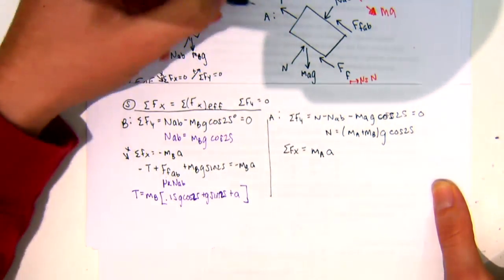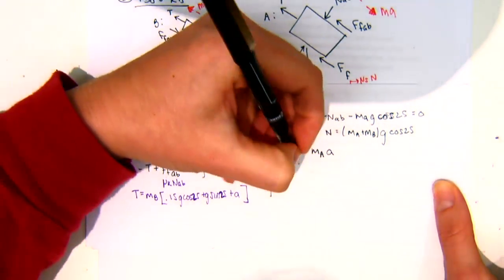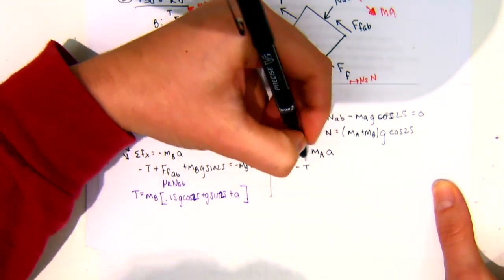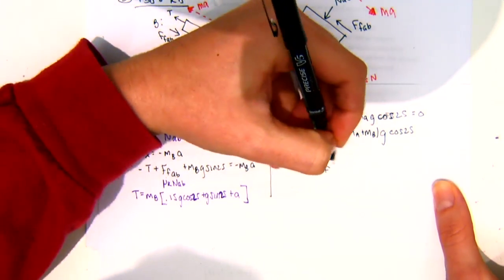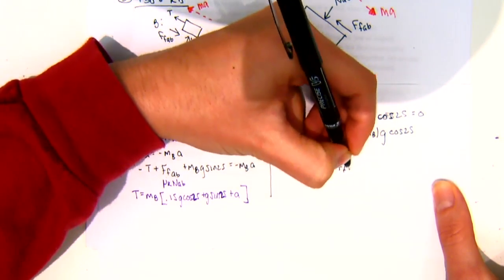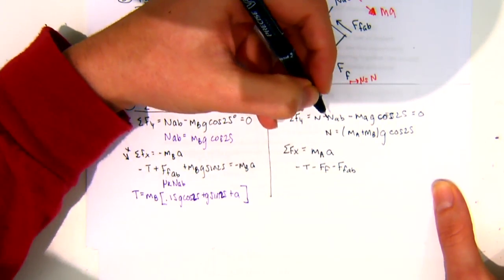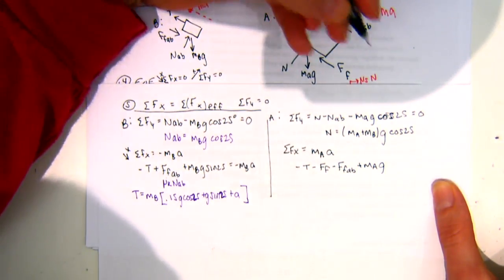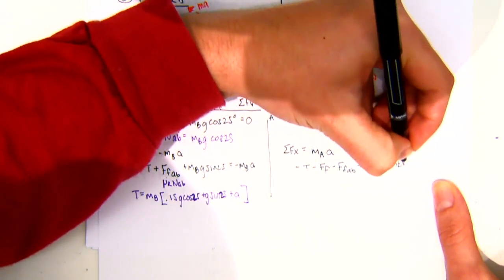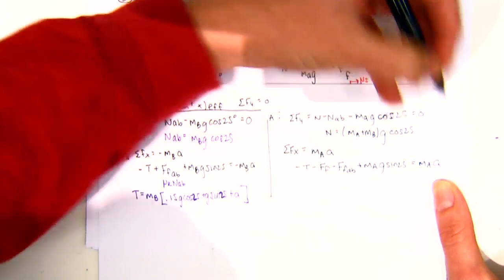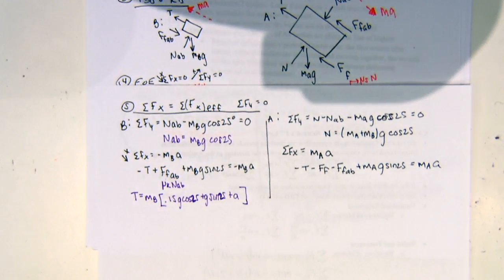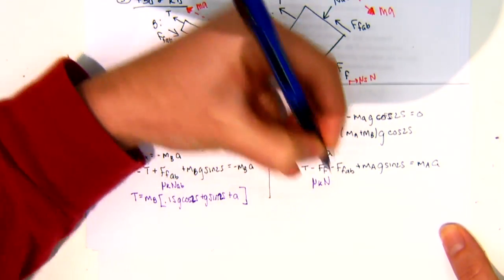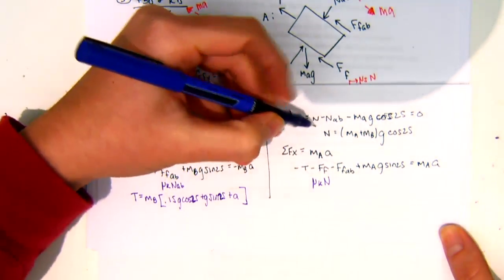So plugging in the forces, we have negative T minus the force of friction between A and B, then plus MAG sine of 25 is equal to MA times A. So we said that the force of friction is going to be mu k times the capital N, which we just found.